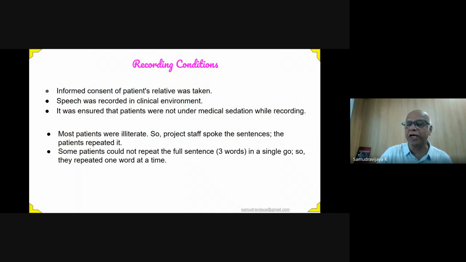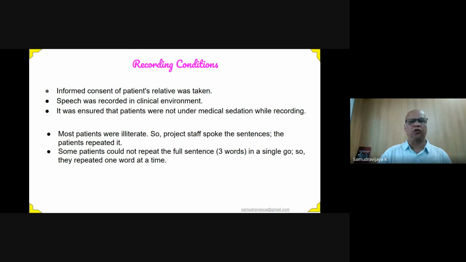How did we do the recording? Normally, if you're a healthy speaker, we give them a sheet of paper which contains the sentences, and you read them. But the majority of the people were over 50 years, and many of them were illiterate. Even if they're literate, they would be so constrained that they don't want to read a sentence.